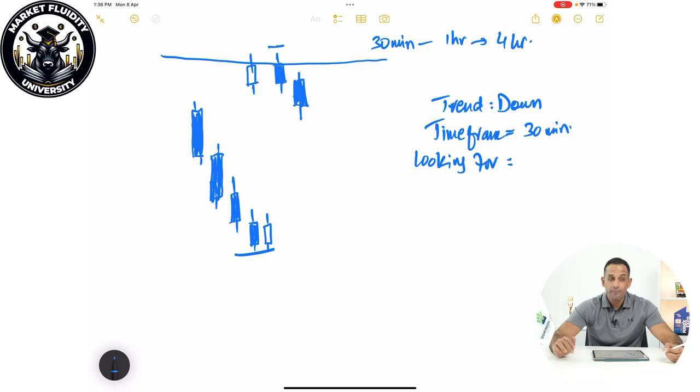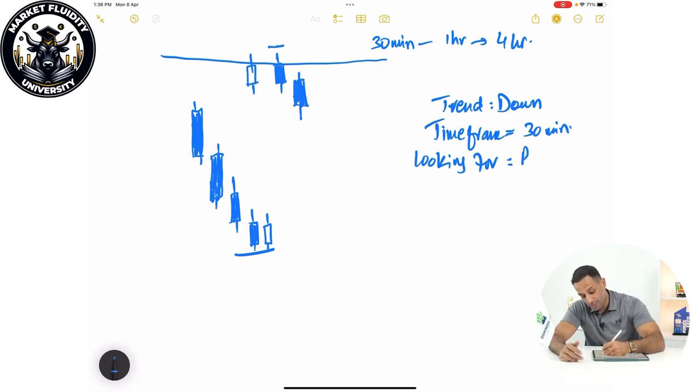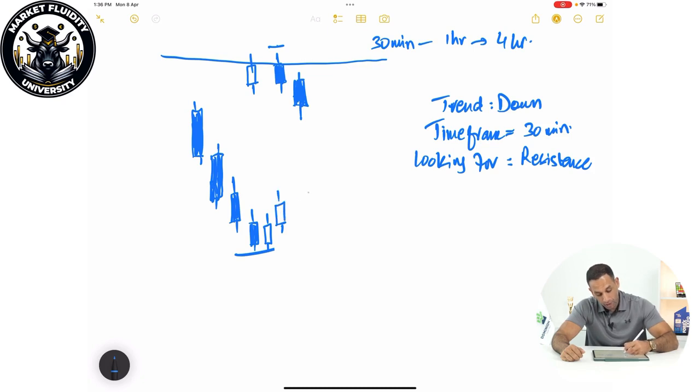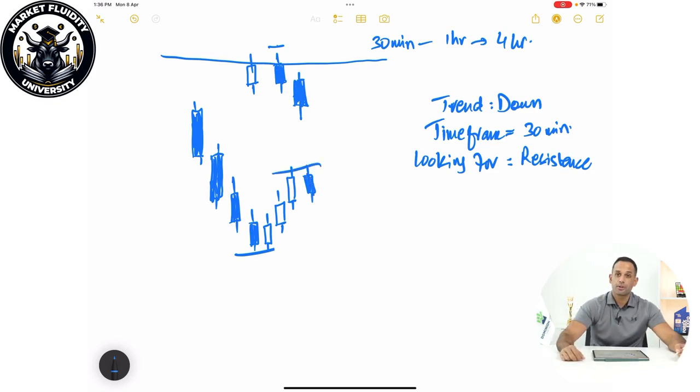What you're looking for is maybe a resistance, right? We're looking for a resistance to form. That's all we're looking for. So what does a resistance look like? Maybe after this we're going to have a candle that goes up, we have another candle that moves up, and then we have a resistance forming once we have a candle closing bearish.